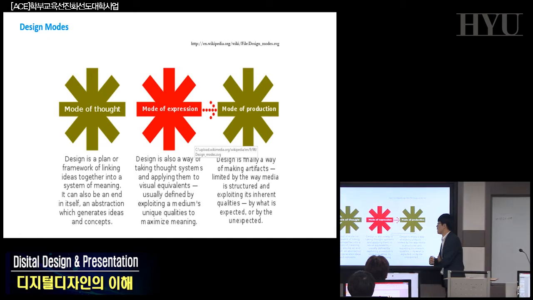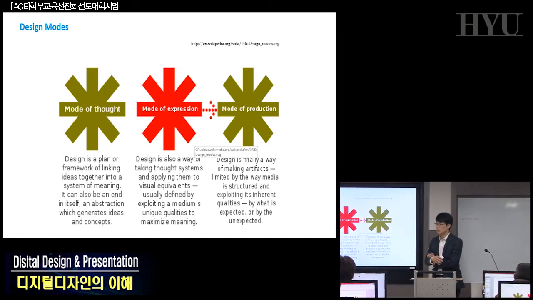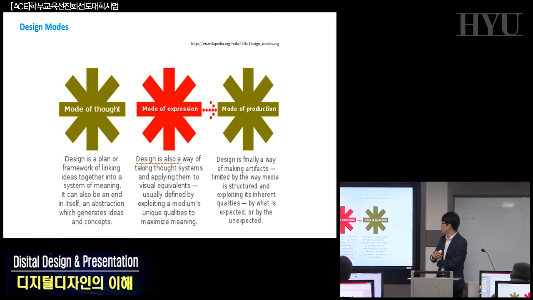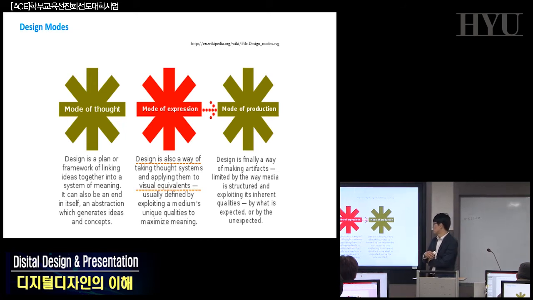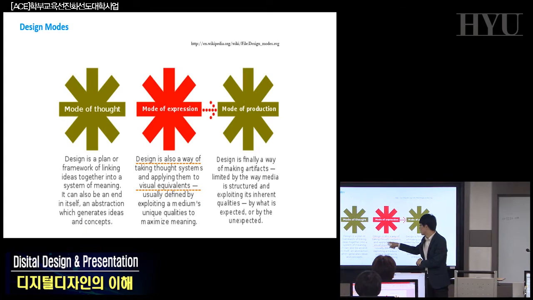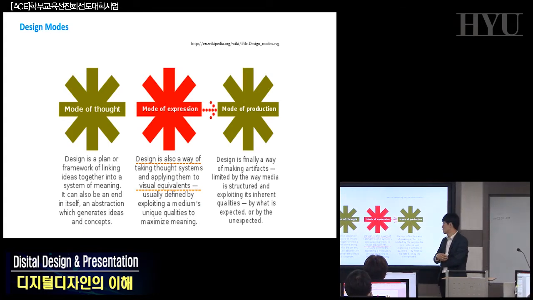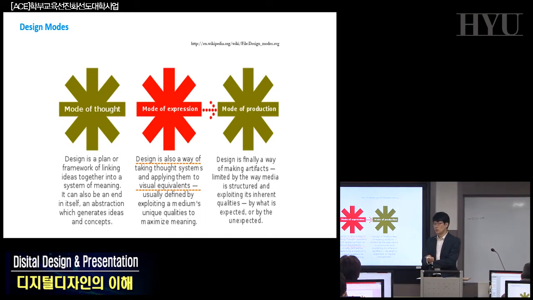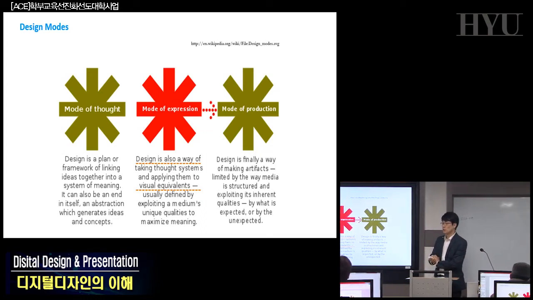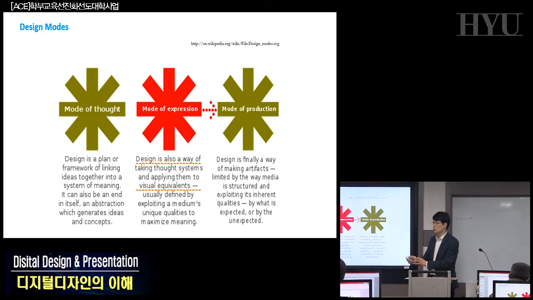When we are dealing with mode of thought in your brain, but in mode of expression, design is also a way of taking a system to make visual equivalence between which one and what? Between your idea and your product.